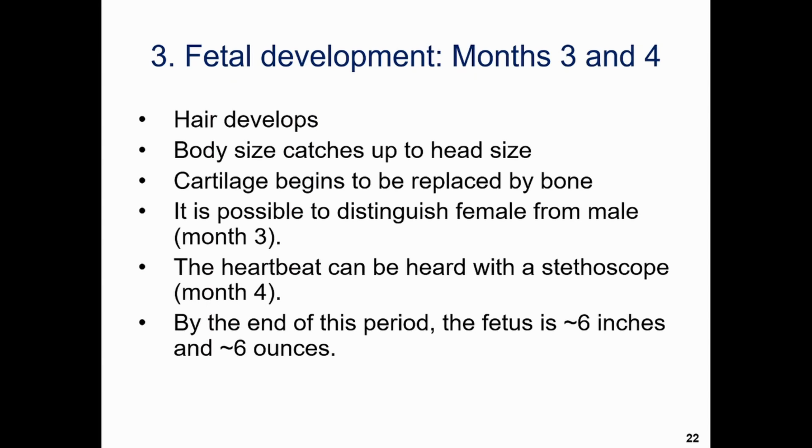We start to see cartilage being replaced with bone, and now we're starting to be able to tell females from males apart and hear the heartbeat. By the end of month 4, the fetus has grown to a large 6 inches long and 6 ounces heavy. It's much, much different from the aspirin tablet we talked about just a couple months prior.